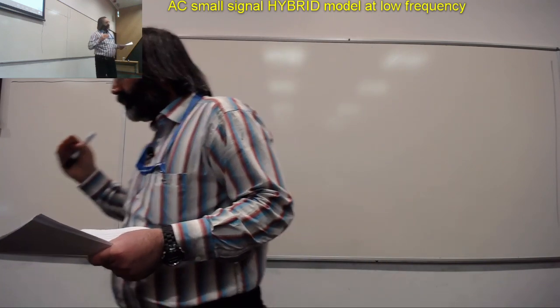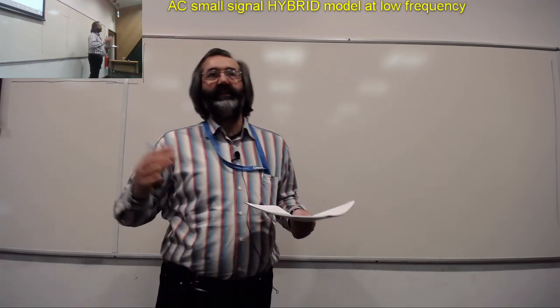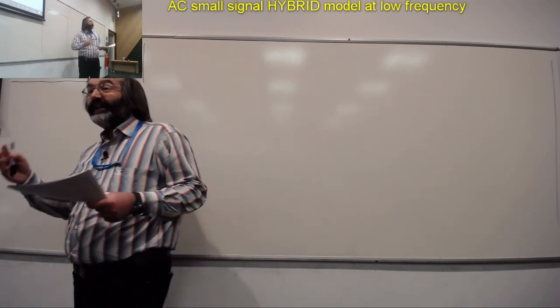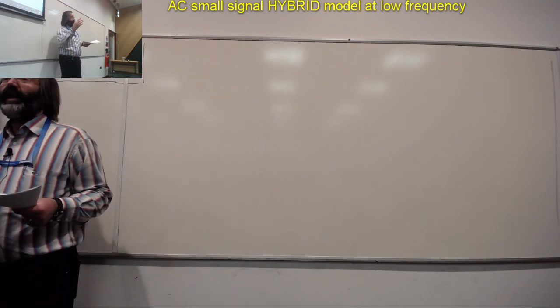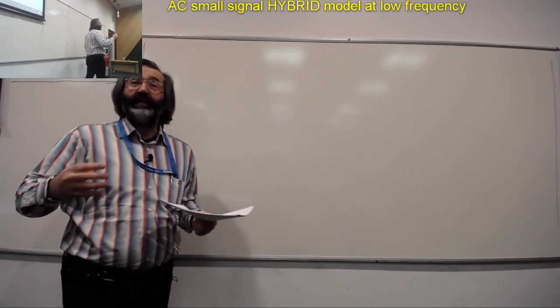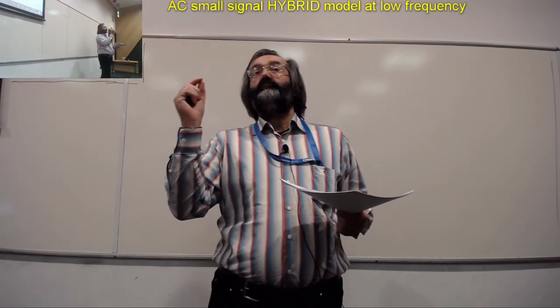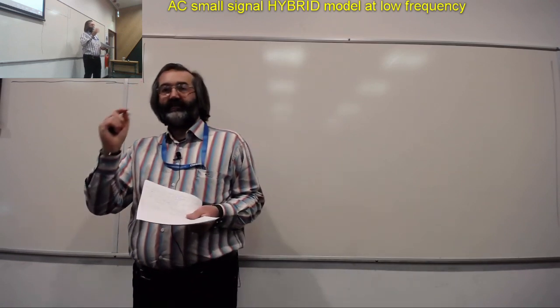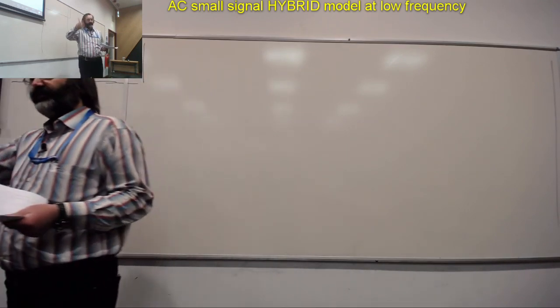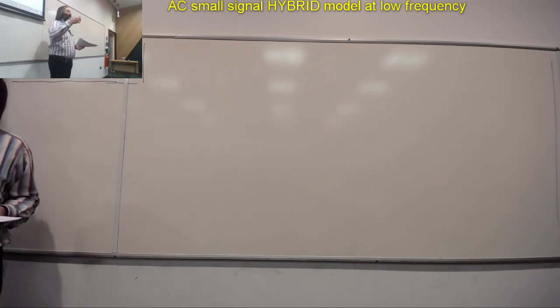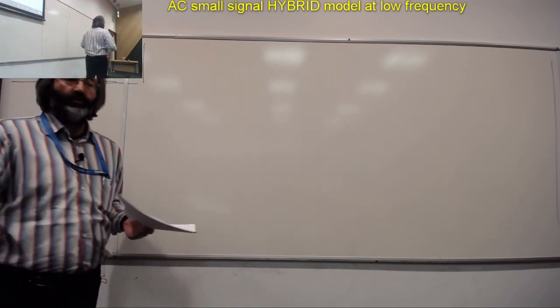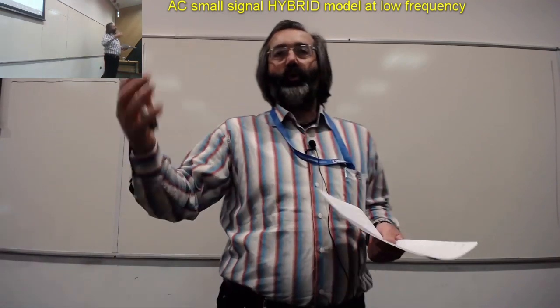So to be able to understand how the BJT can be used as an amplifier, we need to linearize it. And the way to linearize it is to consider very small AC signals. This is one of the many methods, the 2 or 3 methods we've seen of linearizing a nonlinear component: the so-called small signal method.